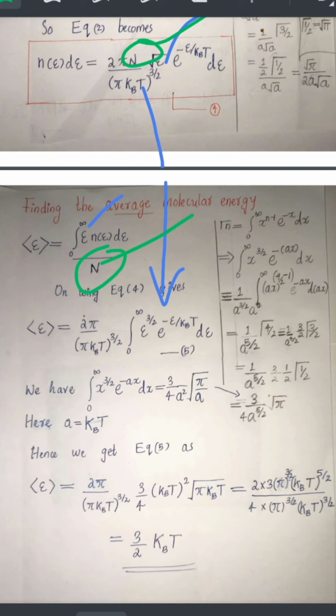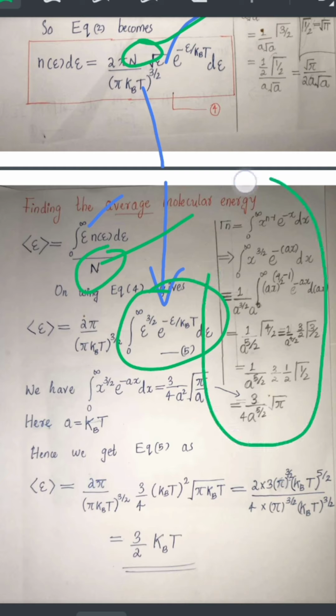So 2 pi over pi kBt whole to the power 3 by 2 is here. This integral is actually done by the trick of gamma functions. You can see it here. Let me explain this trick a little briefly for you.